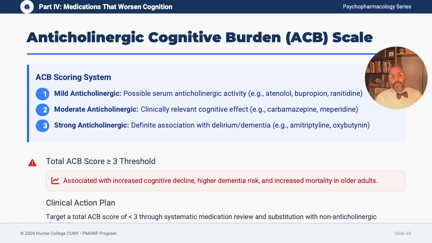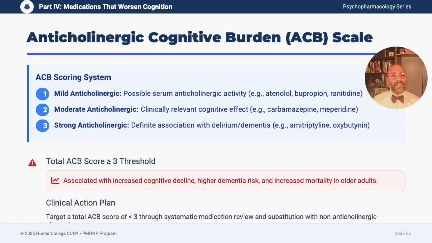A score of 2 indicates moderate anticholinergic burden with clinically meaningful cognitive effects, especially when combined with other agents. And a score of 3 represents strong anticholinergic medications, drugs that are clearly associated with delirium, and they accelerate cognitive decline and increase dementia risk.